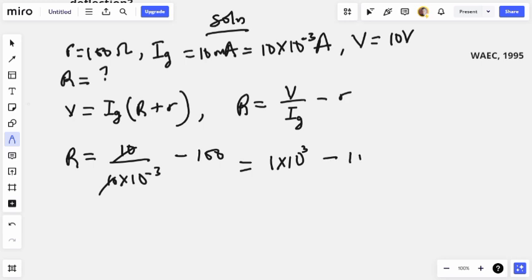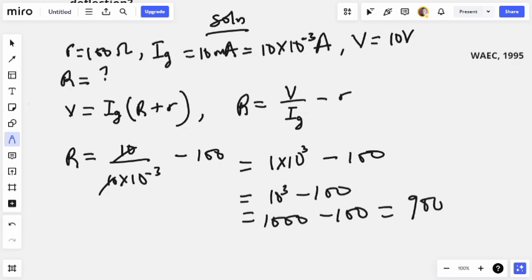This equals 10 raised to the power of 3 minus 100. And 10 raised to the power of 3 is 1000, minus 100, which equals 900 ohms. So the resistance that we're going to connect in series with the galvanometer for it to be able to read up to 10 volts will be a 900 ohms resistor. Thank you.